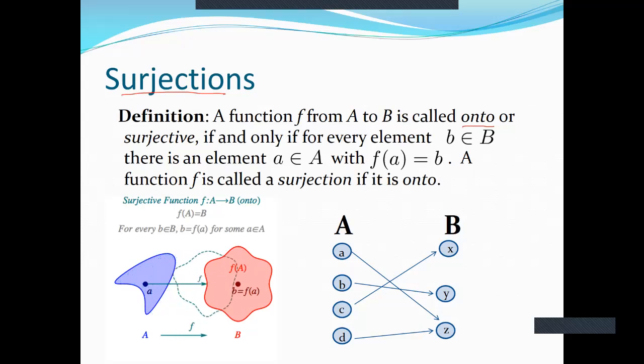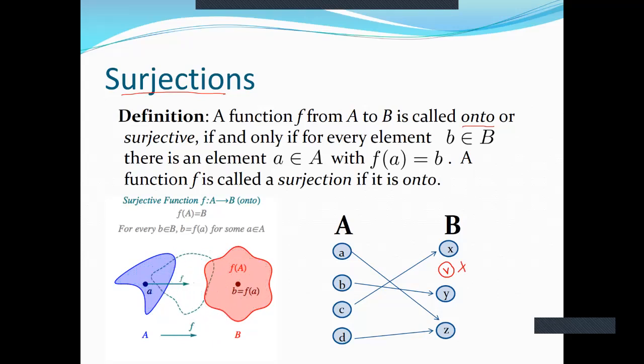Here you can see Z has multiple pre-images. Z is mapped by A as well as D. No matter, it is allowed in a surjective function. But it cannot happen that we have an element V that does not have a pre-image in set A. This is not allowed in an onto function.